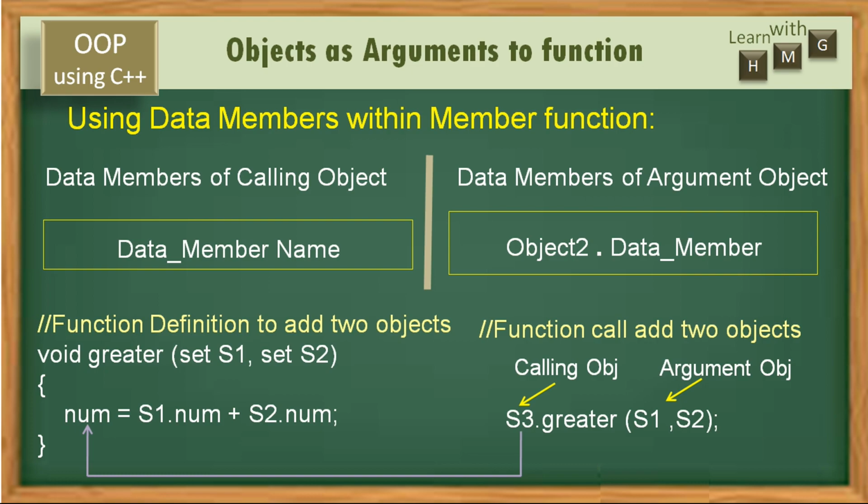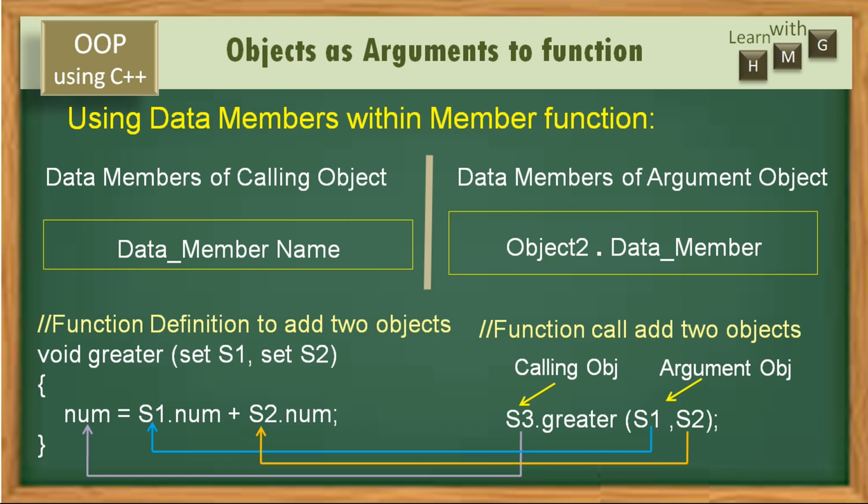It is the data member of the calling object. Then the data member of the s1 object is used with the suffix s1 and then dot num, while the data member num of the s2 object is used with its object name, that is s2 dot num. In this way you can use data members of the calling object and argument objects within the body of the function as per your requirement.